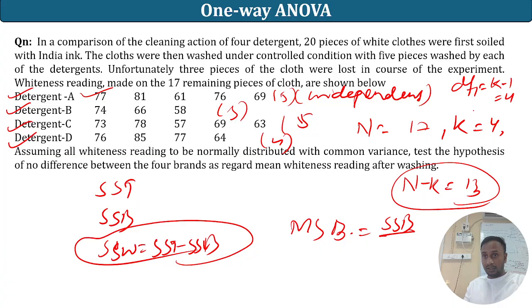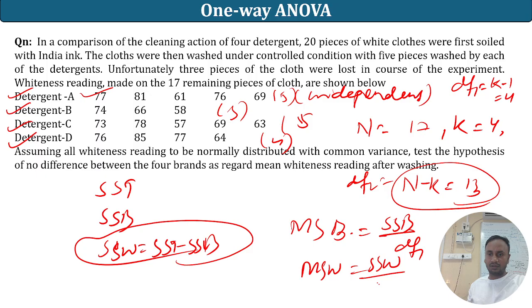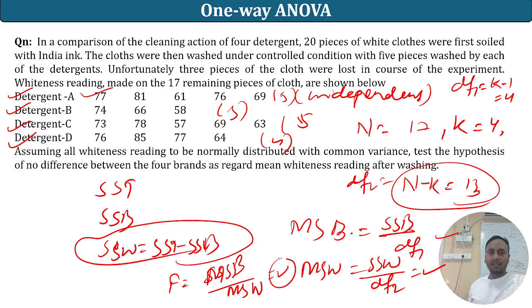And DF2 will come as 13. MSW is SSW upon it. Then we'll go with the F, which will become MSB by MSW. We'll get some value.